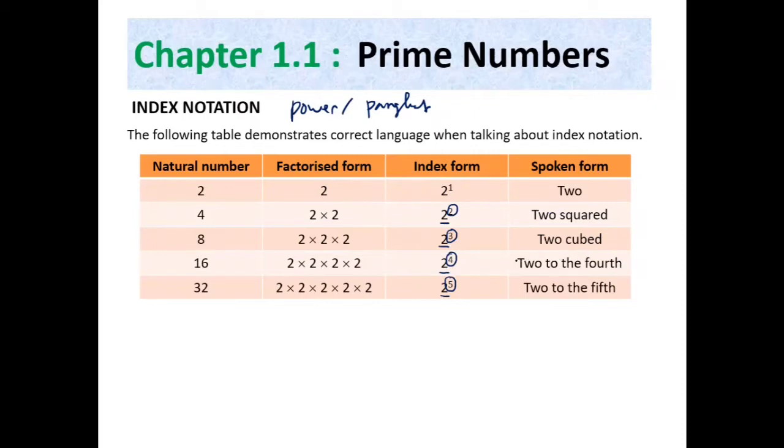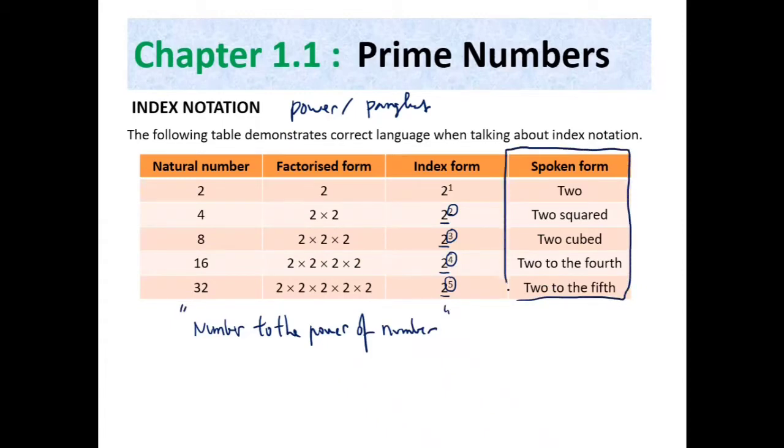I don't think this will be so easy to memorize. Better to say number to the power of number. Okay, that's how you read. If you want to read like this, it's not a big deal. Up to you.